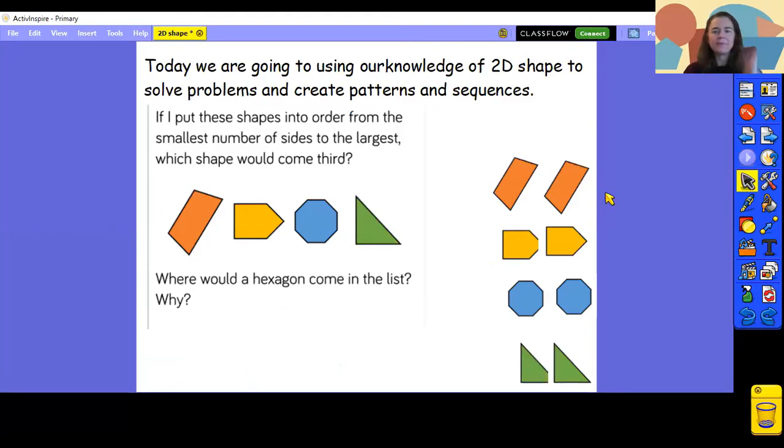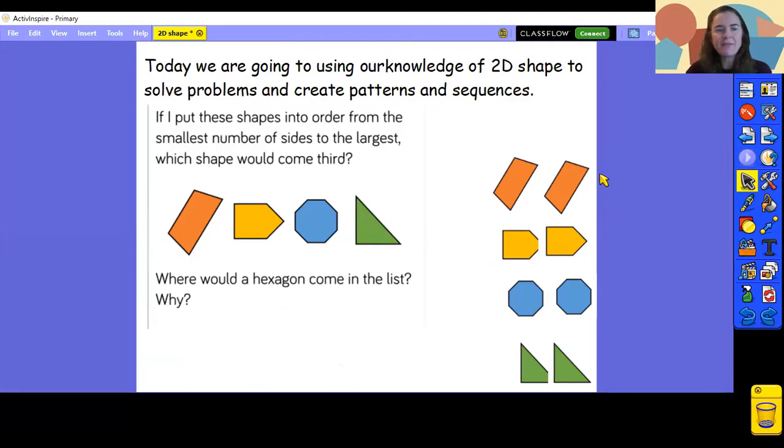Okay, so there are some problems for you to solve, which we have sent home to you with the planning. And I'd like you to have a go at this one to start with. I'm going to read it out to you, and then I'm going to ask you to put me on pause and go away and have a little go at solving it, and then come back to me and we will do it together.